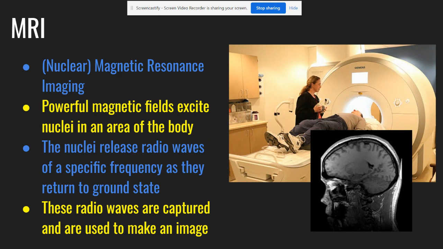And when they do that, they release radio waves of certain frequencies as they drop down. So in that case, it's similar to the absorption emission when it emits the photon. This time they are releasing a radio wave, which is on the lower end of the EM spectrum. And it's a specific frequency. So then they catch the waves and then they use that to make an image.